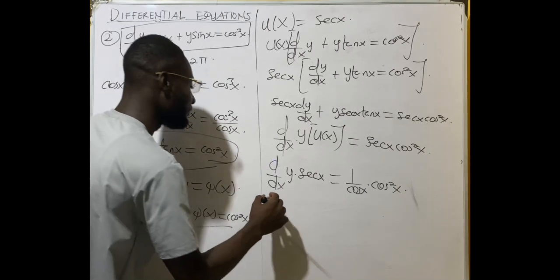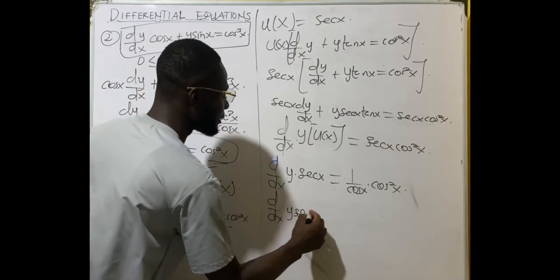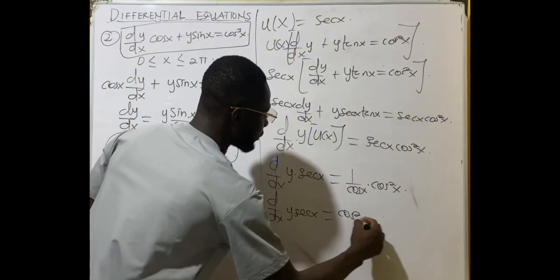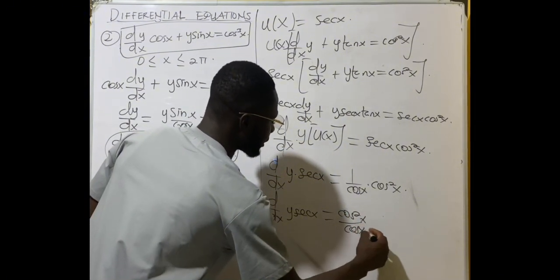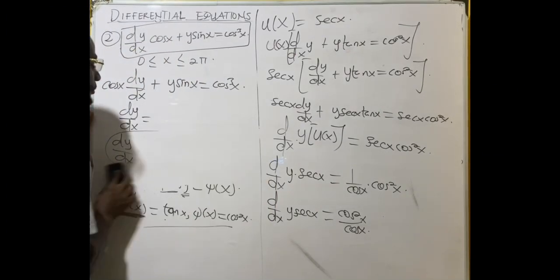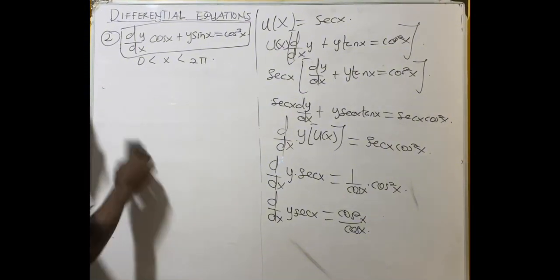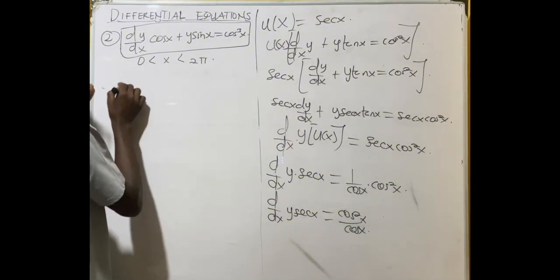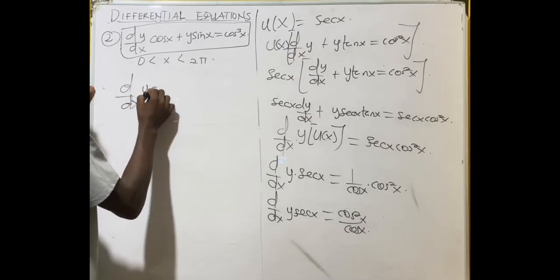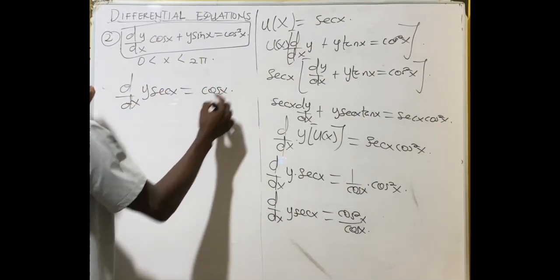So we're going to have d/dx of y sec x equals cos squared x over cos x, right? So we're going to have d/dx of y sec x to be equal to cos x, right?